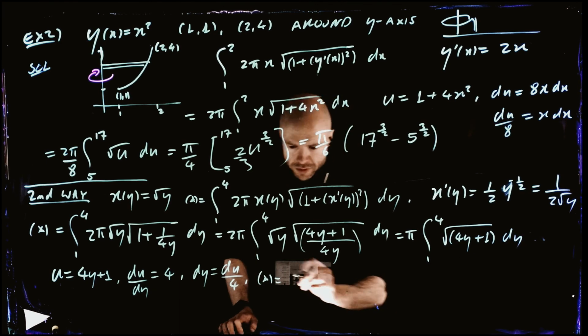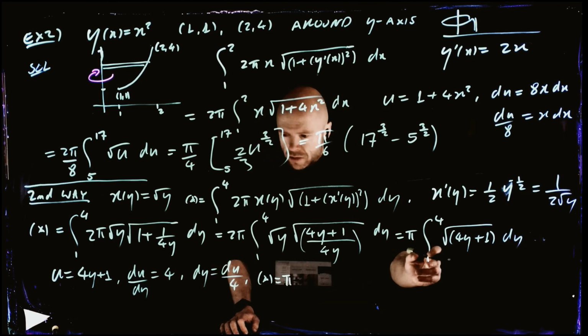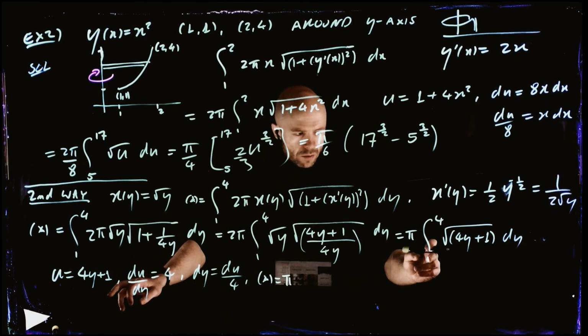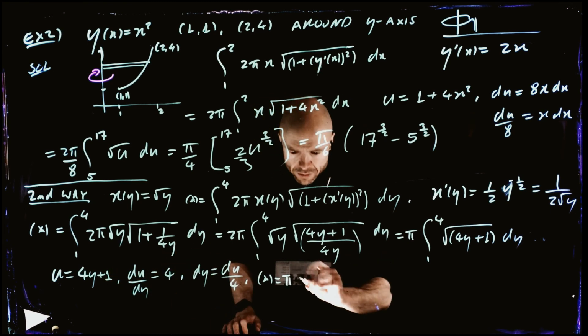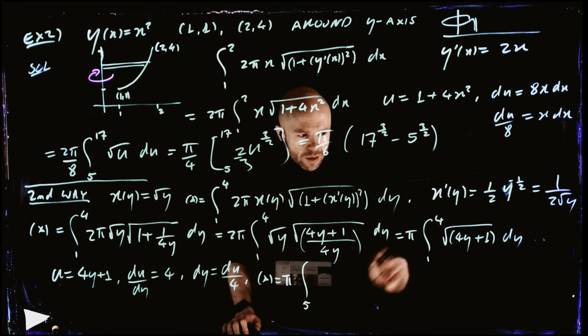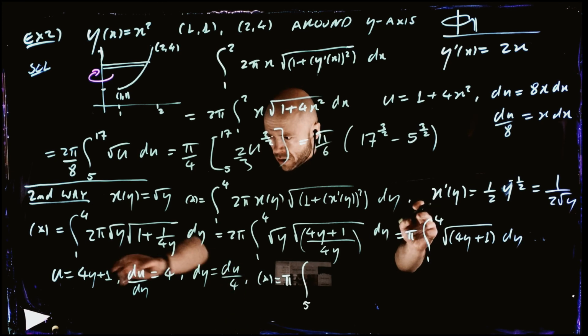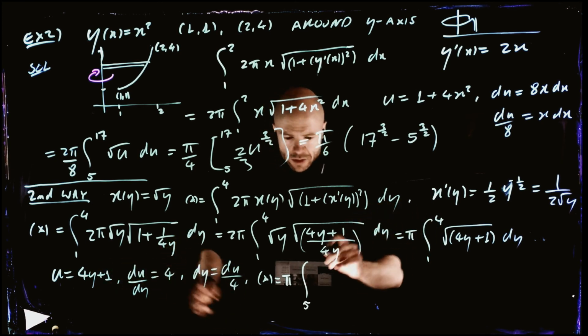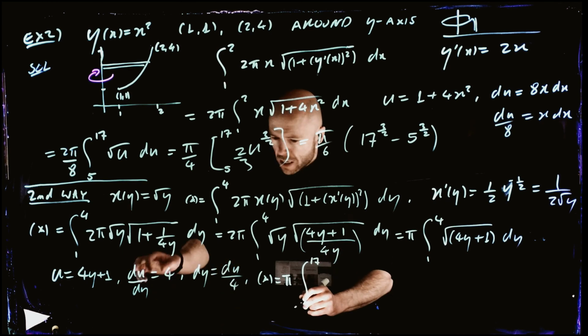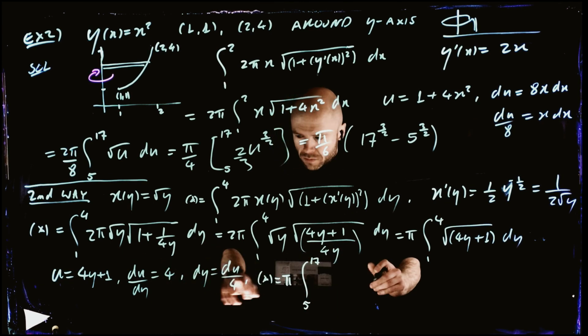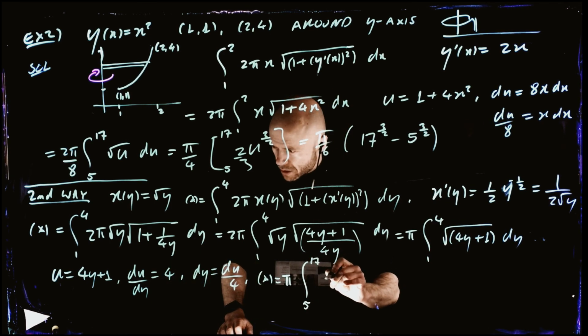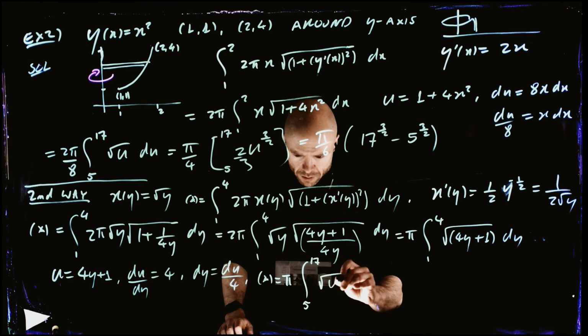Star is equal to pi. We change the limits, so when y is equal to 1, then we just have 5. And when y is equal to 4, we have 4 times 4, 16, 17. And this is our guy, so it's square root of y.